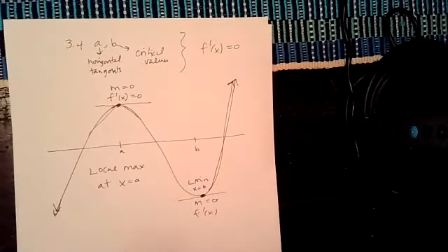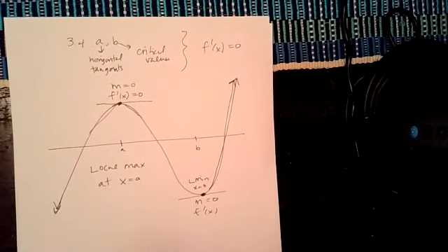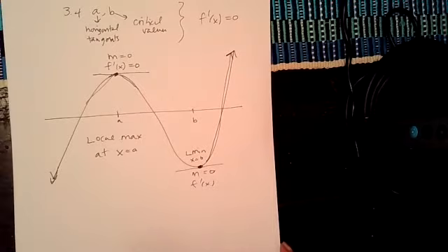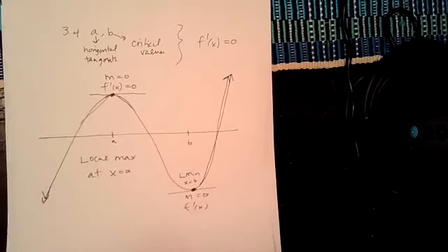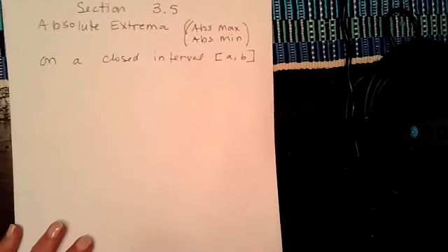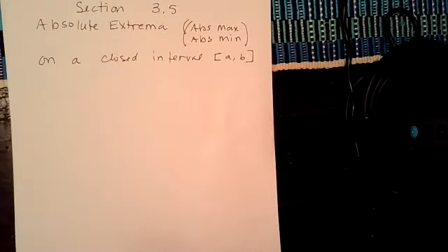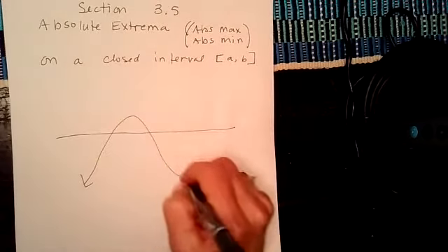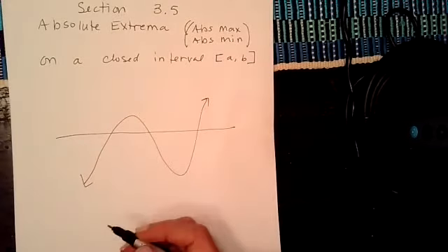With absolute extrema, we're going to have to look at this a little differently, on a closed interval. In section 3.5, we're going to talk about absolute extrema on a closed interval. Again, this graph has no absolute max or absolute min.